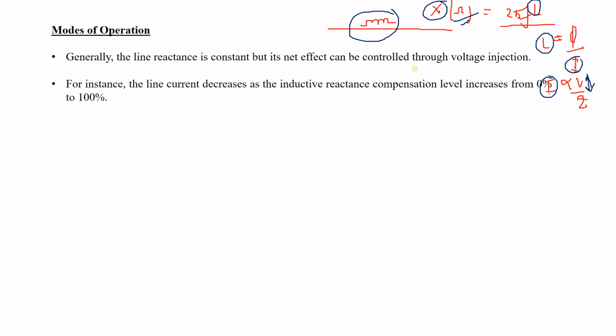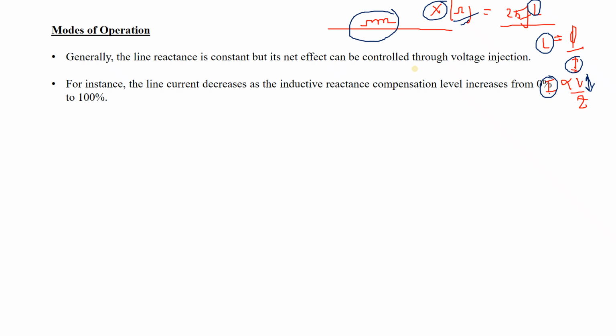For instance, the line current decreases as the inductive reactance compensation level increases from 0 to 100%.